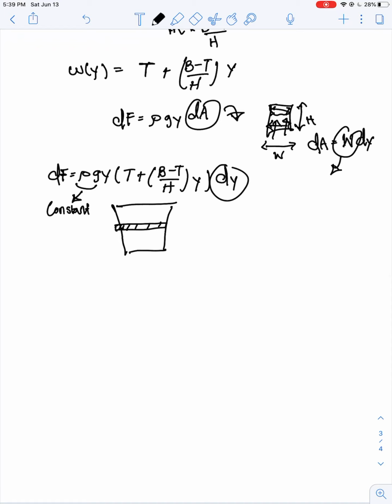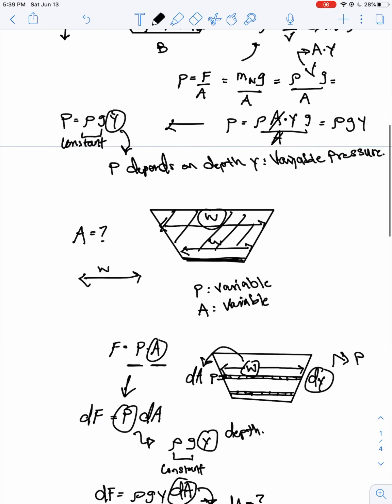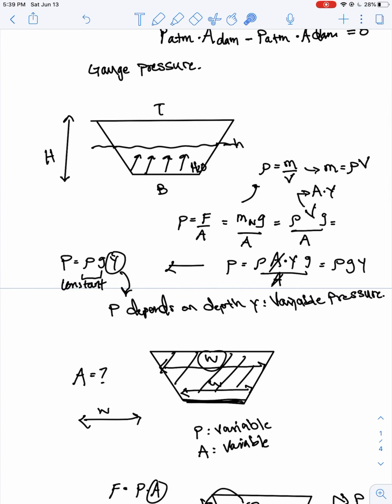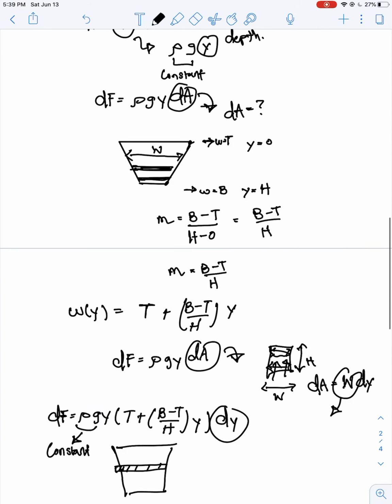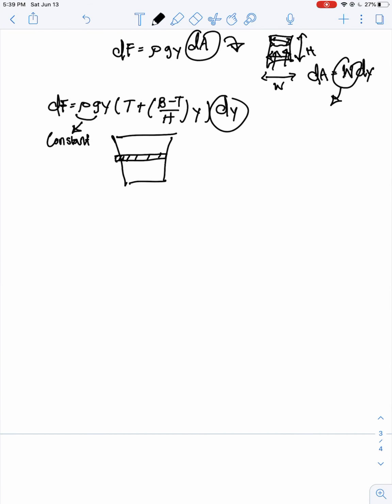And now we can take the integral of both sides in order to sum up the total force from the bottom of the dam to the surface of the water. And we can do that by taking the integral of both sides, like this.